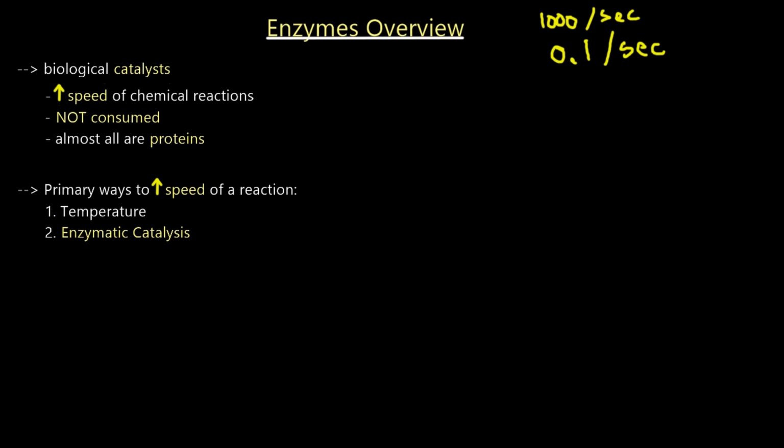So let's analyze why we cannot simply increase the temperature in our body. Our core temperature in humans is 37 degrees Celsius, right? And typically if our core temperature increases even a couple of degrees, that means we're sick.